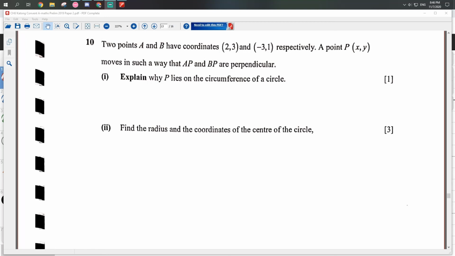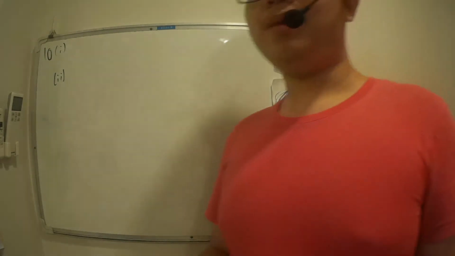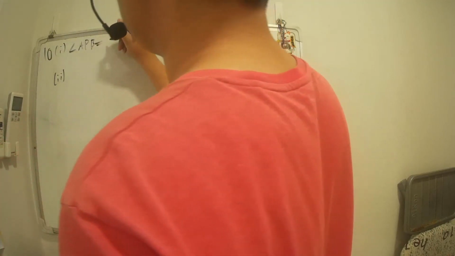2 points A and B have coordinates (2, 3) and (-3, 1) respectively. A point P moves in such a way such that AP and BP are perpendicular. Explain why P lies on the circumference of a circle. Okay? So the best part about question 10 is that it's extremely easy. If AP and BP are perpendicular, then that means that angle APB is equal to 90 degrees, right?